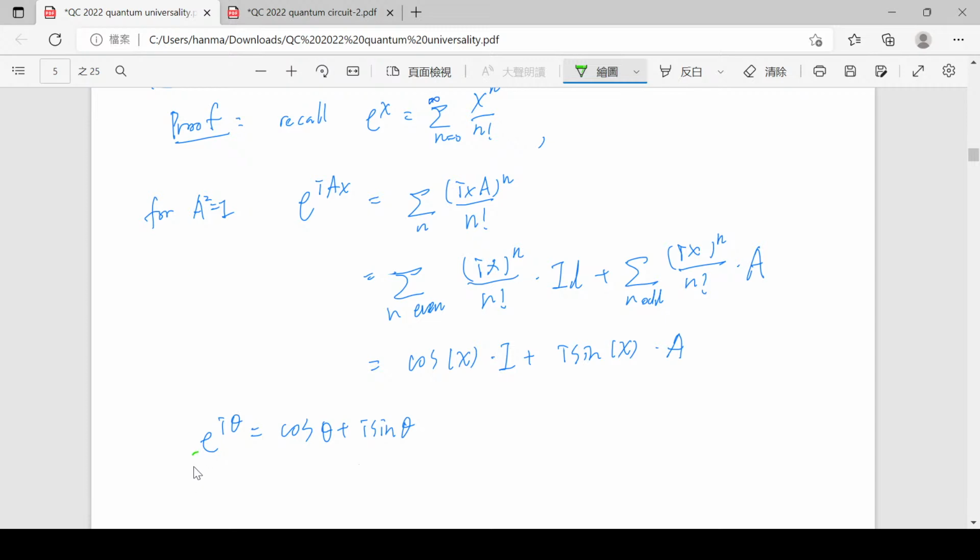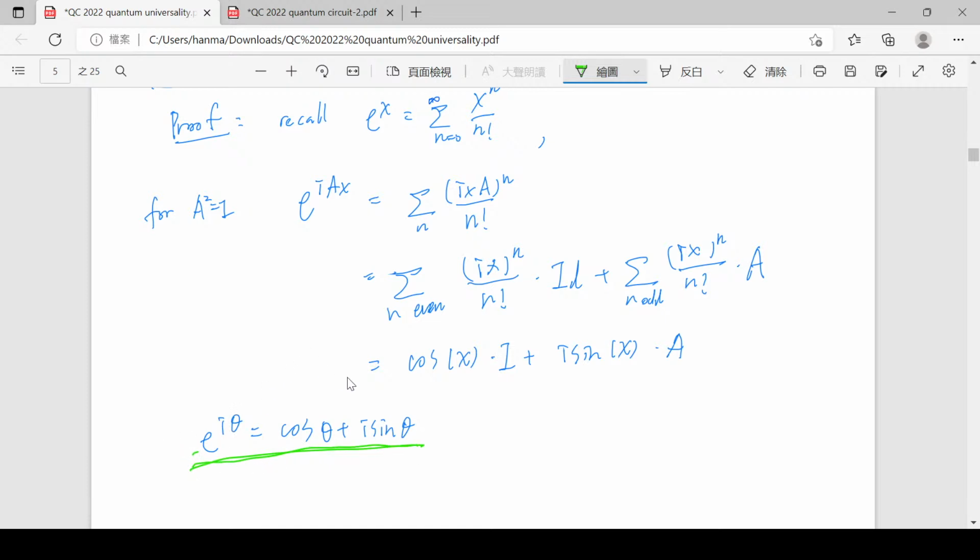In your calculus class, you learn that e to the i theta equals cosine theta plus i sine theta. This is for real number theta. In your calculus class. And if you take a more advanced class, you may learn about complex theta. But anyway, we know this formula is true.